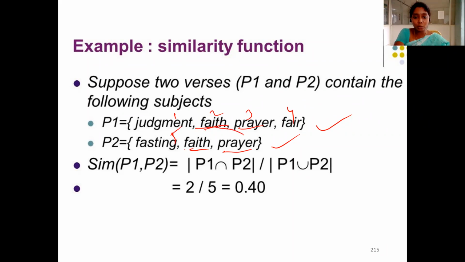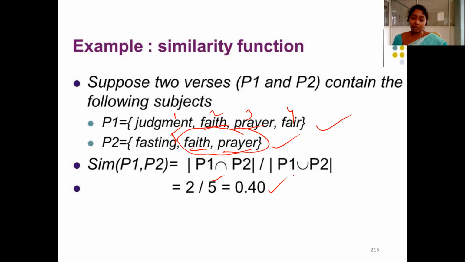We don't consider these 2 because they are already repeated. When you consider the union of 2 sets, we need not consider the repeated elements. So totally 5 elements are there. This is the similarity obtained between the 2 records P1 and P2, or you can say 2 objects, or 2 clusters, whatever. The similarity is 0.40. In this way, we can calculate the similarity among 2 objects.